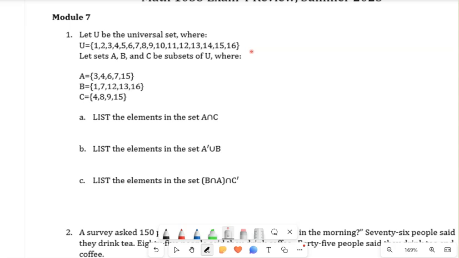List the elements in the set A intersect C. So you want to be able to look at A intersect C and think in terms of in both A and C. The intersect symbol is very similar to the capital A symbol. It's helpful for remembering that symbol is for and.